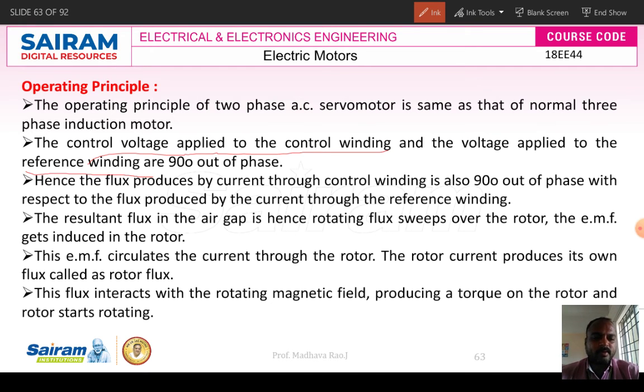Just as an induction motor has rotor current, in a servo motor also rotor current will be produced. The rotor current produces its own flux called rotor flux. This flux interacts with the rotating magnetic field, producing a torque on the rotor, and the rotor starts rotating.